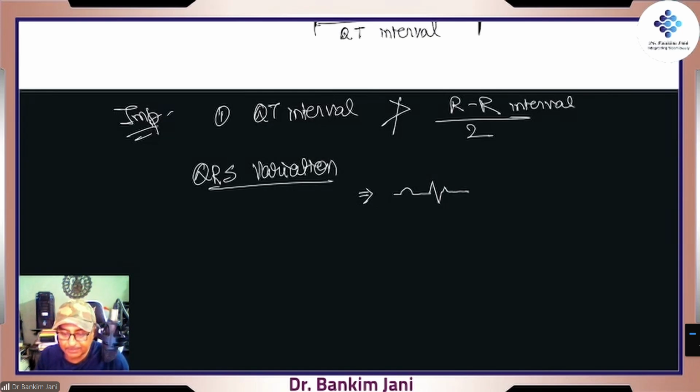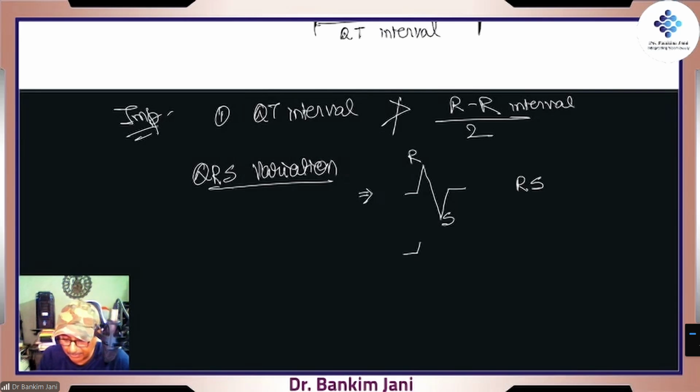There is R, there is S, and there is no Q. So this pattern would be called just the RS pattern.